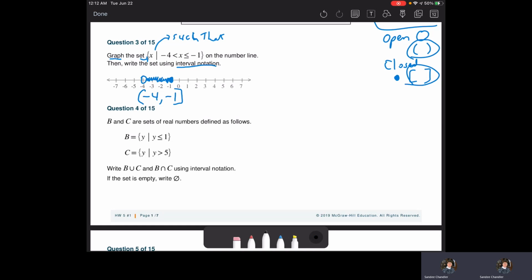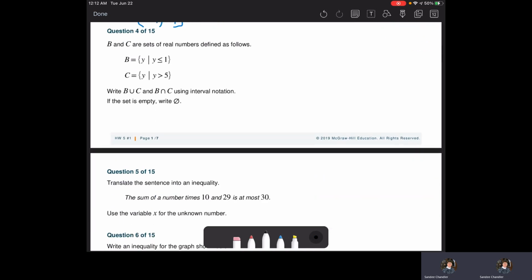You ready? Number 4. B and C are sets of real numbers, no imaginary things going on, defined as follows. B is the set y such that y is less than or equal to 1. C is the set y such that y is greater than 5.